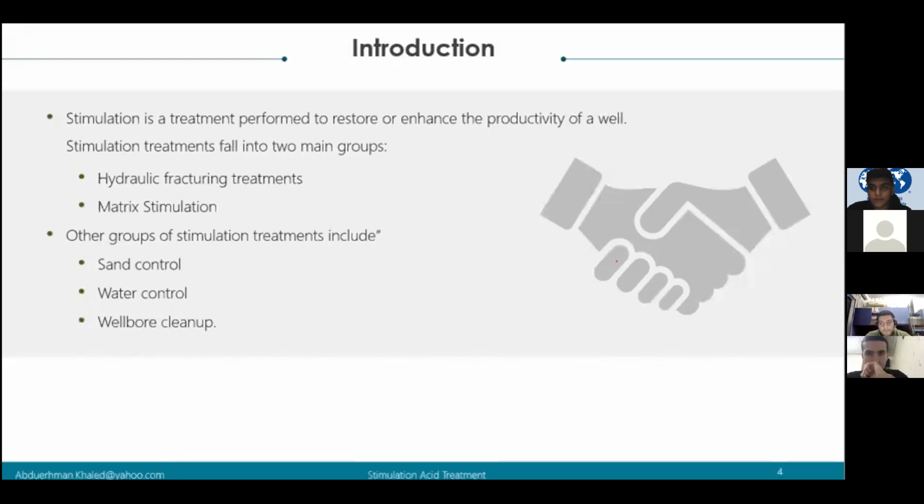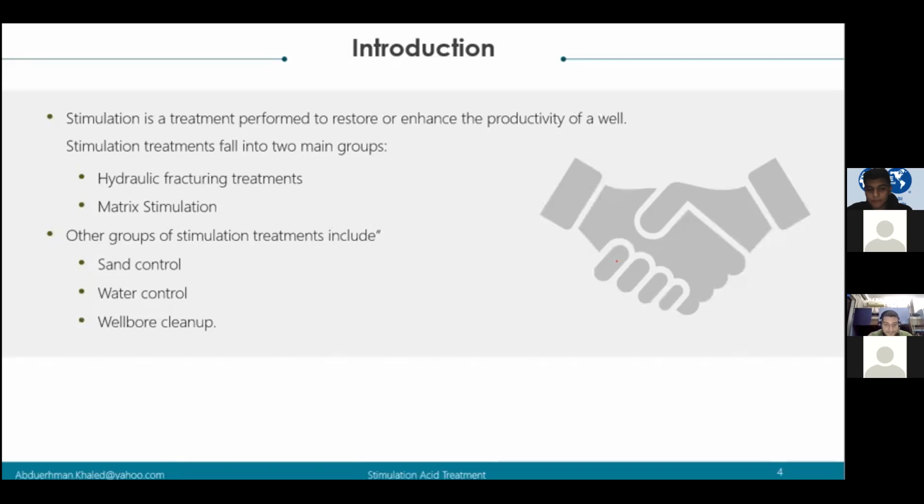There are many problems that we face in the oil industry every day, and not all of these problems are overcome by well stimulation, because sometimes it's not necessary to do acid or fracturing to overcome them.